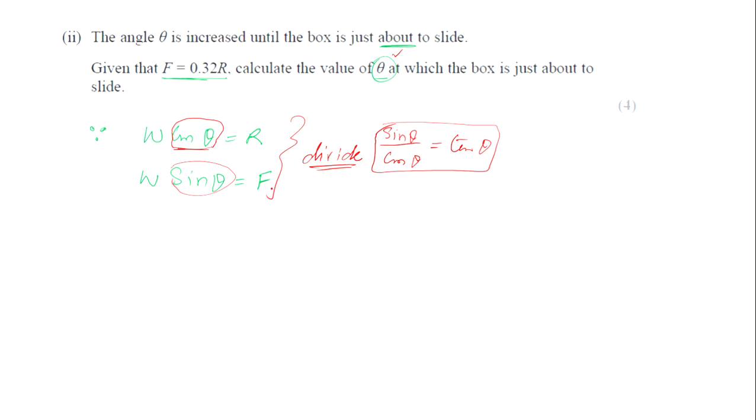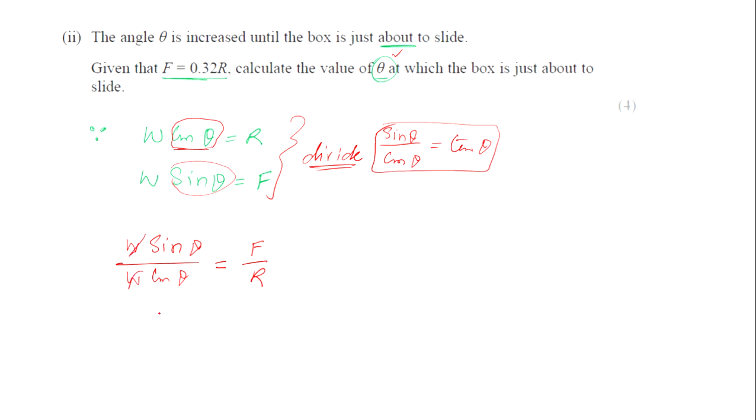The second equation involving sine theta is divided by the first equation, W cos theta. So left hand divided by left hand, right hand divided by right hand. So W sine theta, left hand of the second equation, divided by W cos theta, left hand of the first equation, is equal to right hand divided by right hand, so F divided by R. Now W gets cancelled.